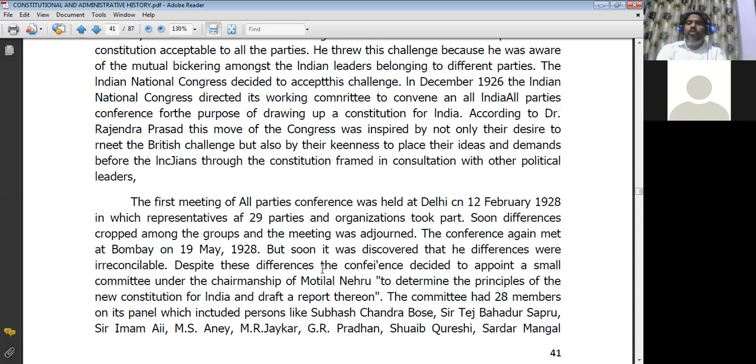Motilal Nehru to determine the principles of the new constitution for India and draft a report thereon.